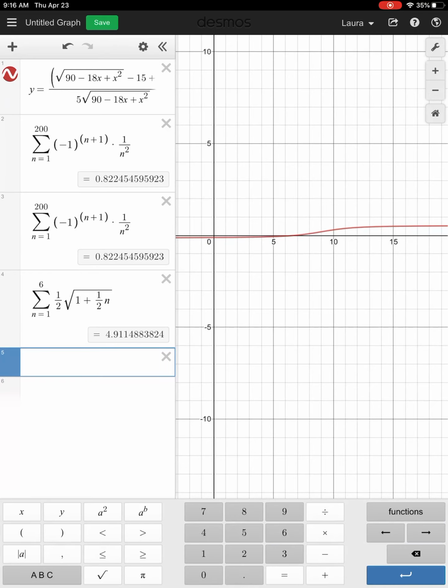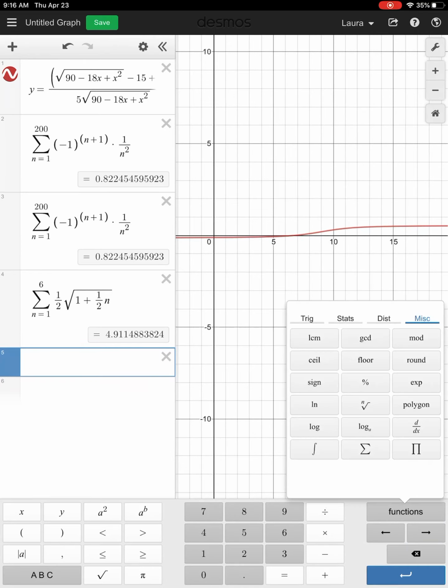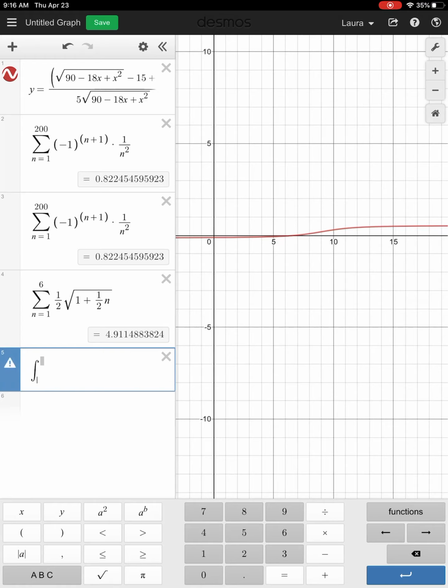Use your calculator to evaluate the definite integral, the integral from 1 to 2 of x plus 1 dx. So let's go to Desmos again. You had to hit ABC, sorry. There's my function.